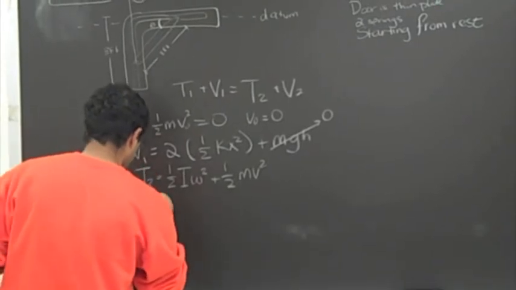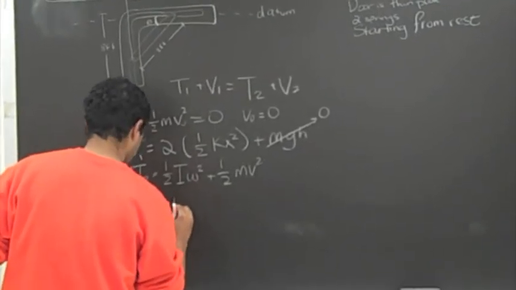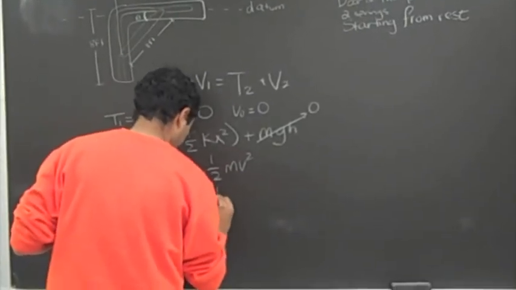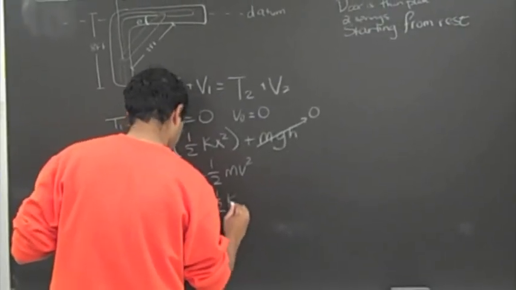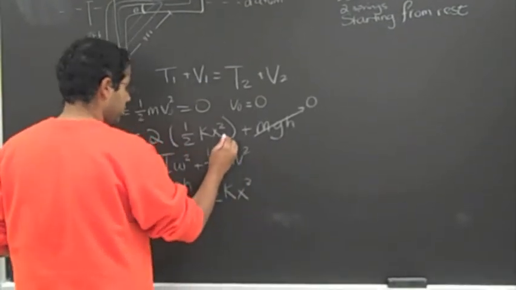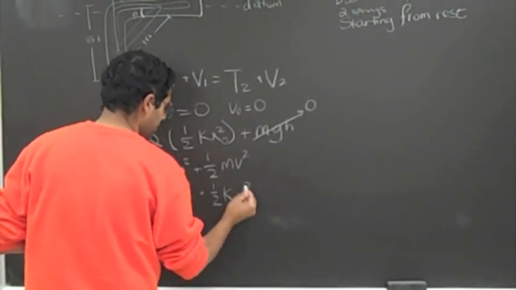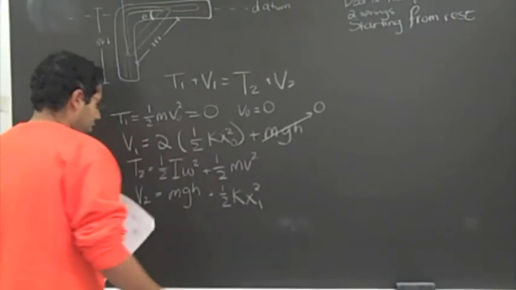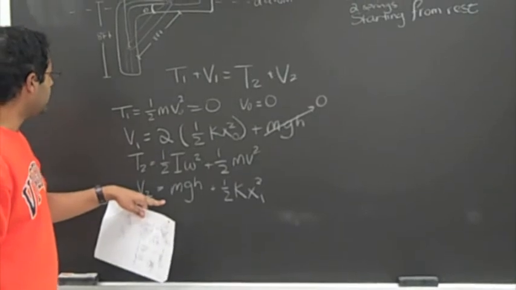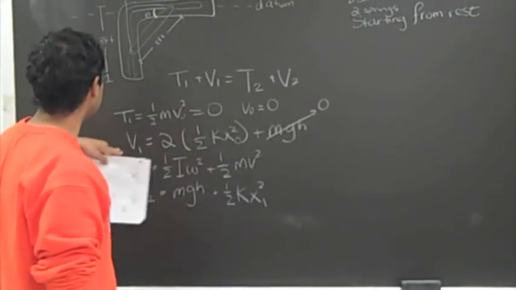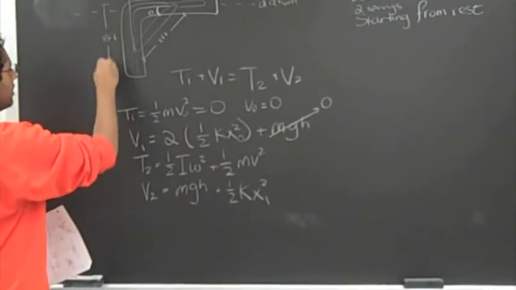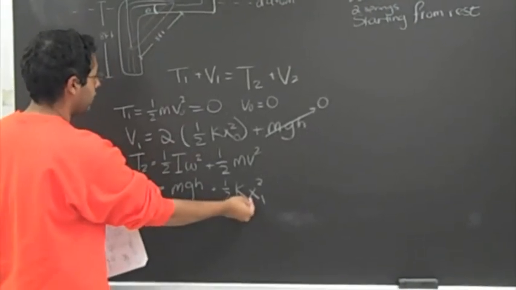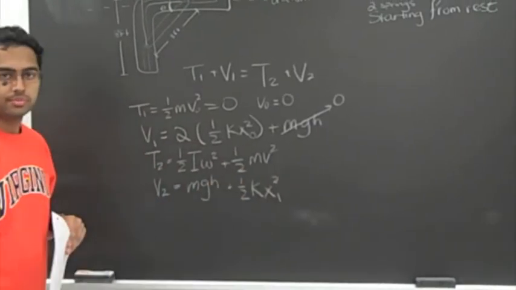And then V2 is equal to mgh plus 1/2 kx squared, with this being k original, and this being x original, and this is the final x state. And mgh can be found given that we have a distance of 8 over here. We have this angle, but we need to find the final stretching of the spring.